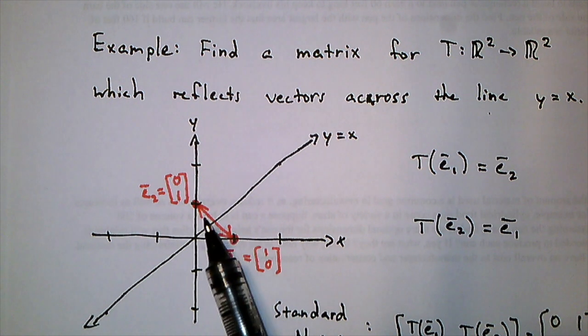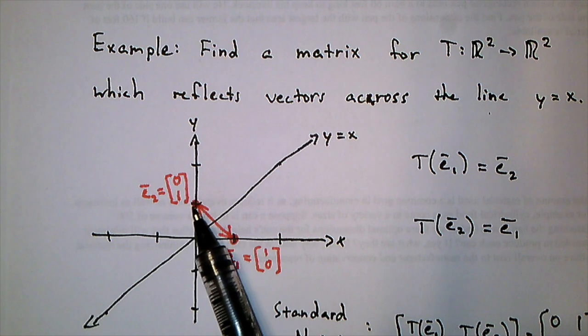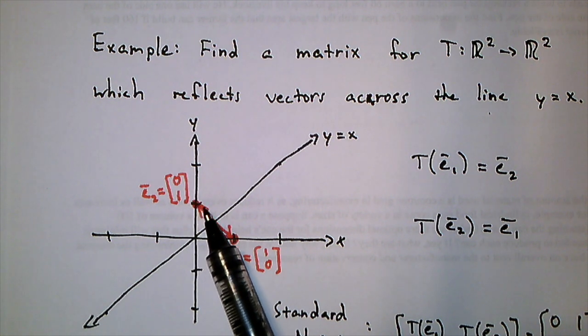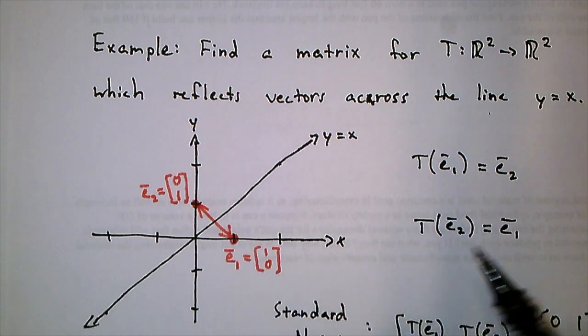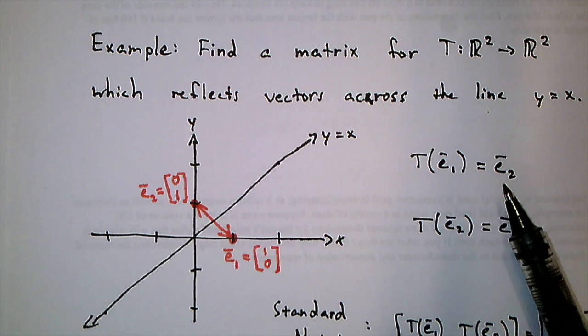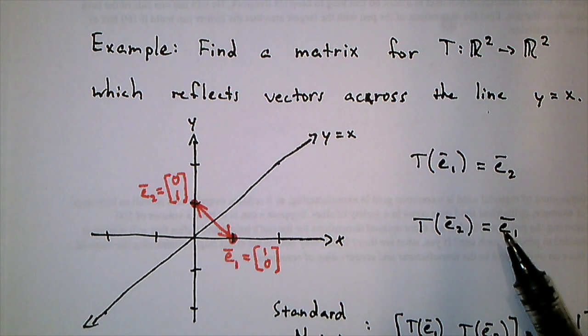So E1 gets reflected to E2, and the same thing happens with E2. We start here, we reflect through the line, we end up at E1. So off to the side here I've made a note that T of E1 is E2, T of E2 is equal to E1.